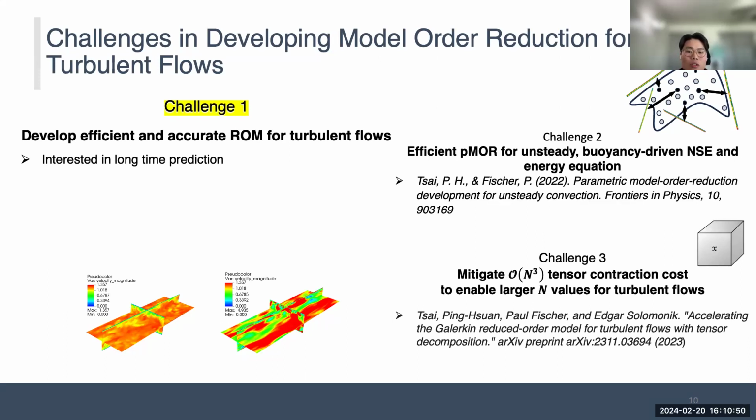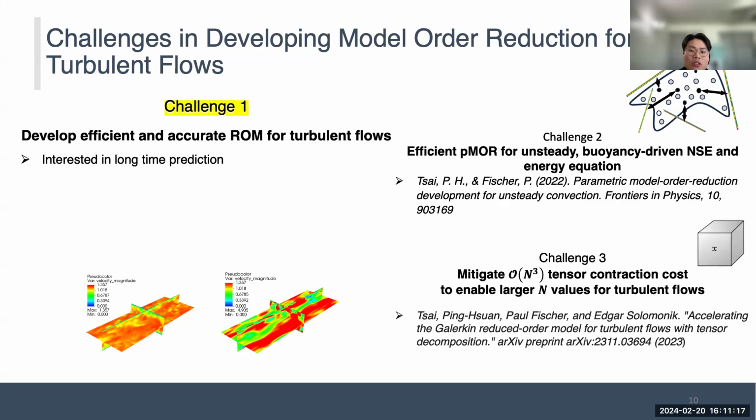The third challenge is to mitigate the tensor contraction cost, which scales like N cubed, to enable larger N values for turbulent flows. In this paper, we show that GROM with tensor decomposition, without sacrificing too much accuracy, obtains a compression ratio of at least 30. So those are the works I've done in my PhD.